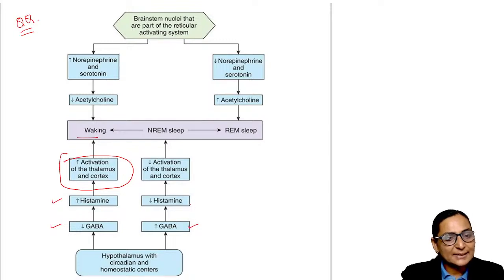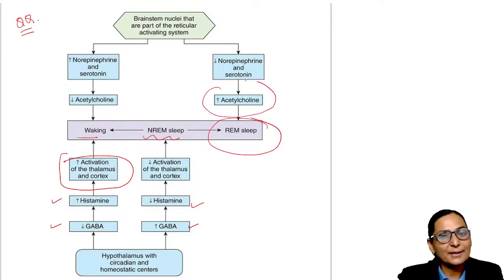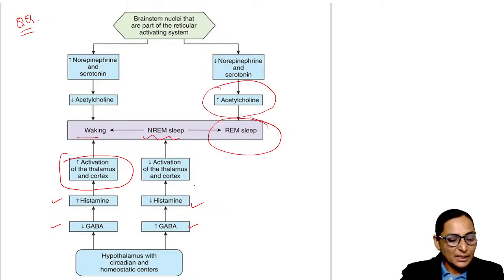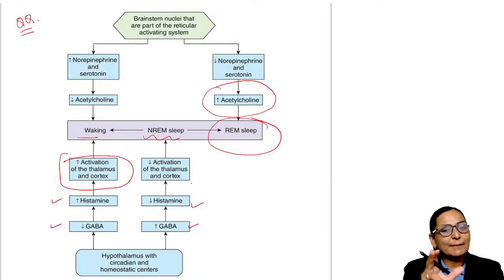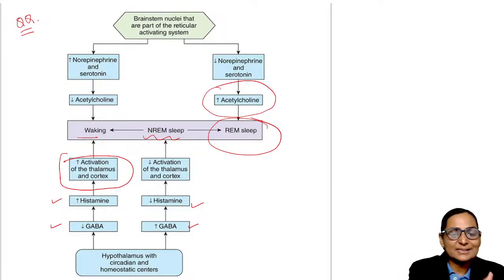Whereas increase in GABA, decrease in histamine, NREM sleep, whereas REM sleep is contributed by your acetylcholine. Remember, one of the most important side effects of the antihistaminics is sedation, right? So the question can be put in this form also, antihistaminics and sedation. So you must know what is the role of histamine in the wake-sleep cycle, right?